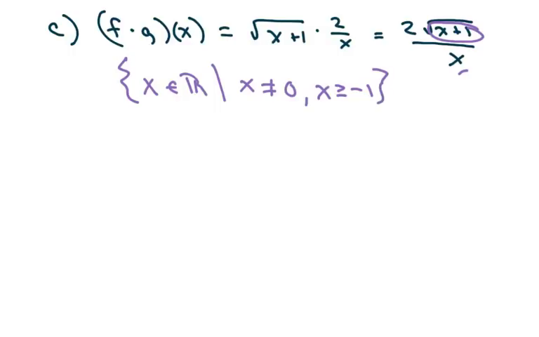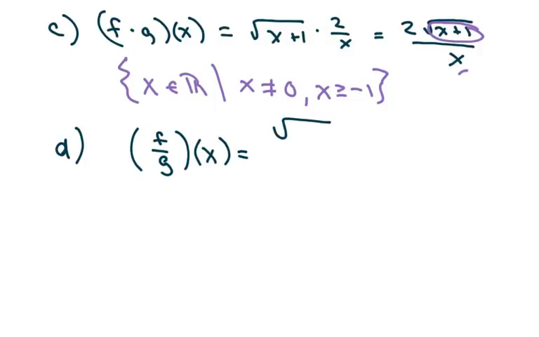And then for the division, we have f over g of x. That's going to be the square root of x plus 1 divided by 2 over x. If you simplify this, well, first of all, let's just do the domain first. It's all real numbers.